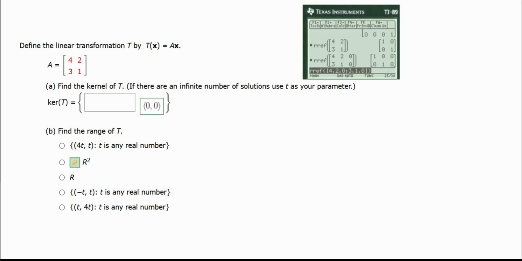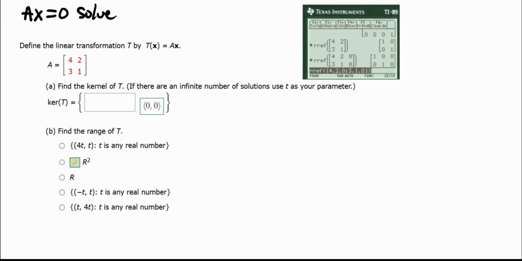So here it says define the linear transformation T as T of x equal to A of x. We're given the matrix A, find the kernel of T, and then find the range of T. So what we do is we reduce this matrix. We set it equal to 0 and we solve.